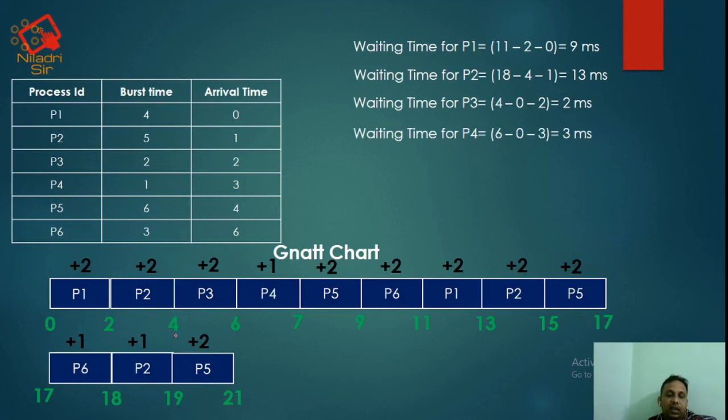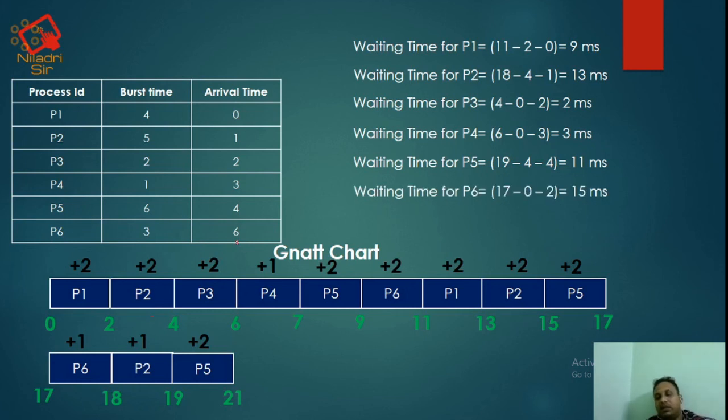Starting is 19. 19 minus how many times P5 executed? 1, 2. 2 times. That is minus 4. So 19 minus 4 minus again 4. So 11 it is. And for P6 it is 17. Last block is this one. 17 minus how many times? Only once. So 17 minus 2 is 15. And this is the arrival time. 15 minus 6 is 9.